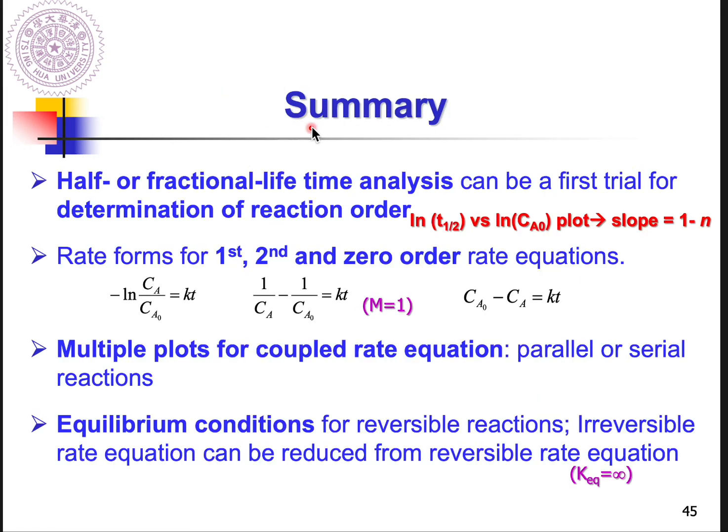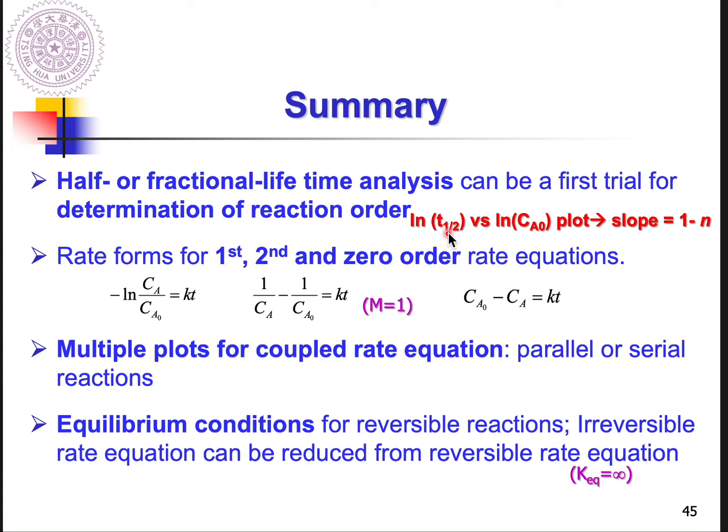Okay, so I'm going to give you a summary here. For the differential method we introduced, I suggest you use the half-life or fractional lifetime analysis to get the reaction order for your chemical reaction of interest. And how to do that?